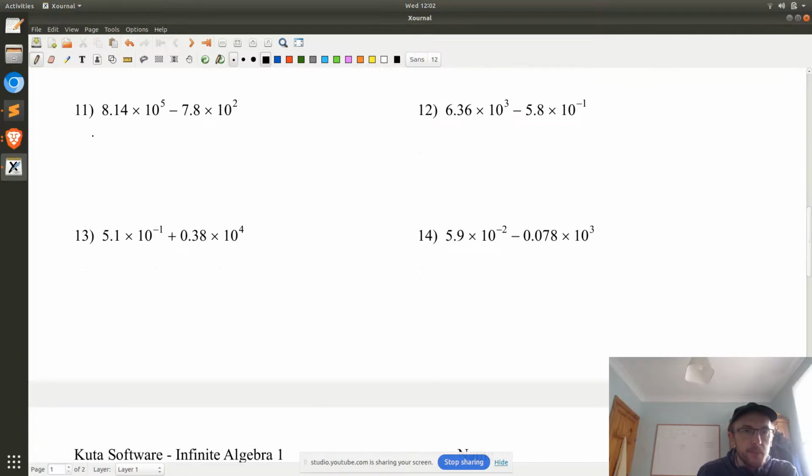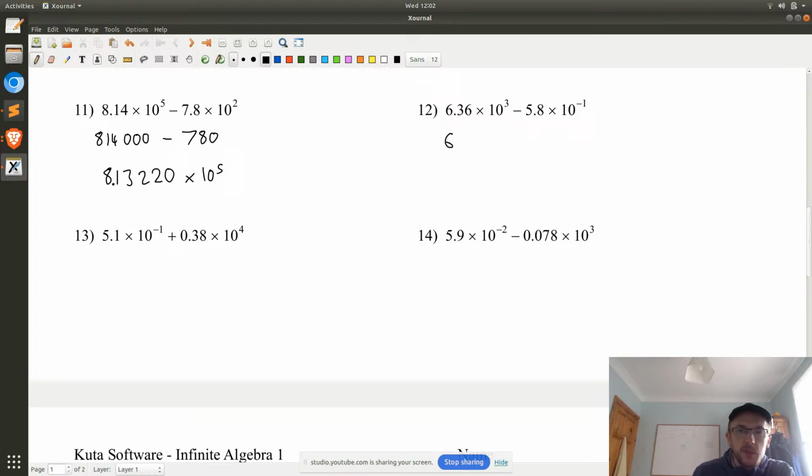Next, 814,000 minus 780, giving 813,220, which becomes this with the decimal point right there.